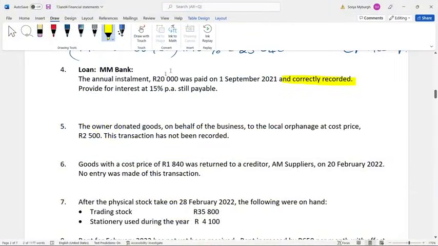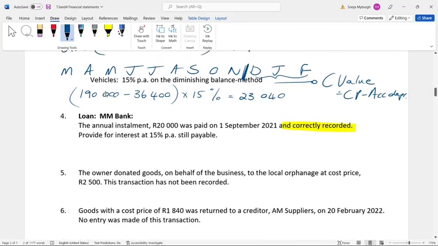So we've already credited bank, we've already debited the loan, and we must provide for 15% still payable. So we know this is accrued expense. We must still pay the interest on the loan, or some of it. If we go to our year, we've paid on the 1st of September. That is where we've paid.